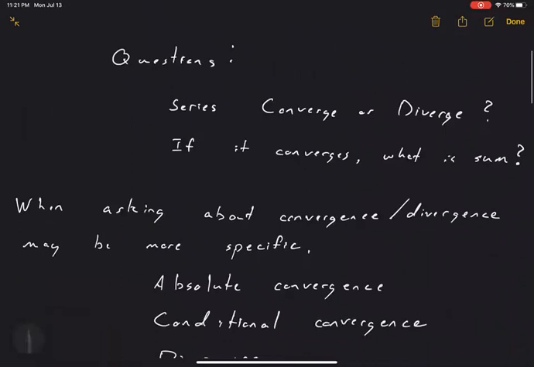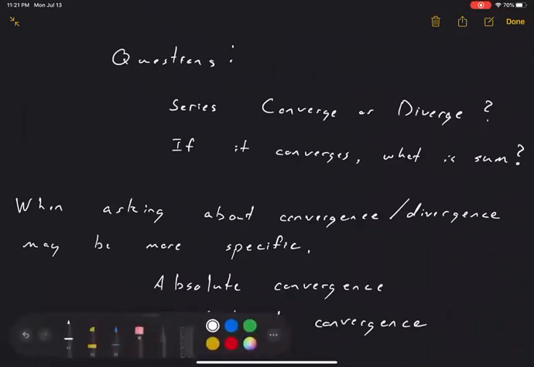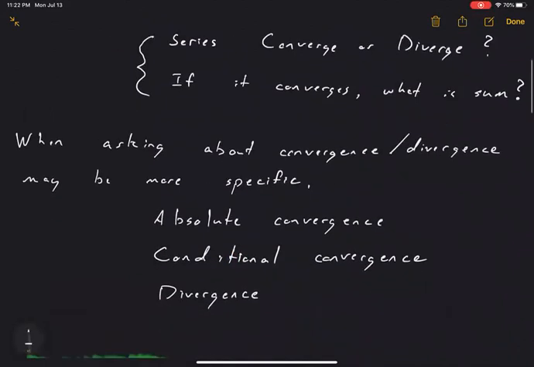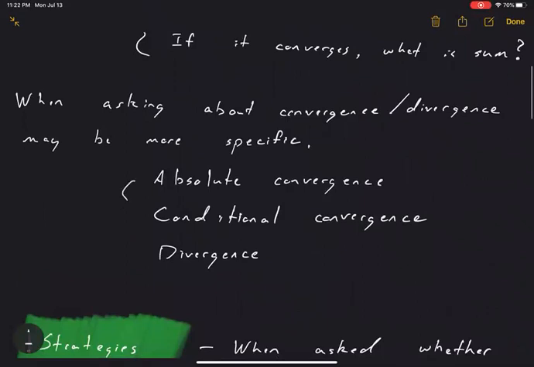Before, in the first 5 sections of chapter 11, we were just asking these questions. Does the series converge or diverge? And now all of a sudden we're asking, what's absolute convergence and conditional convergence? Okay, so don't get too hung up on that.